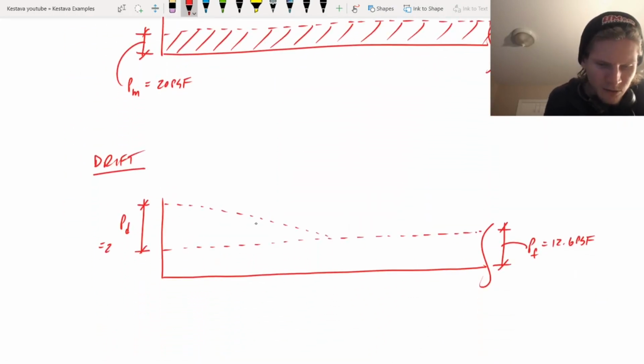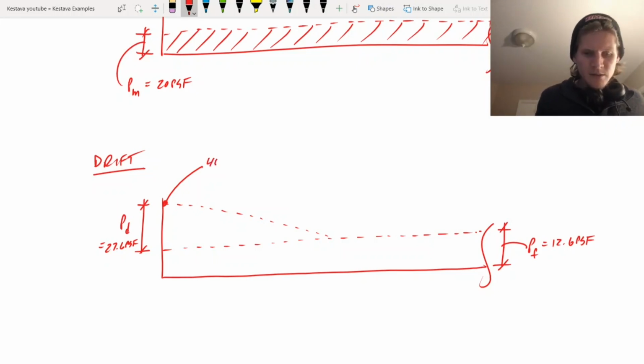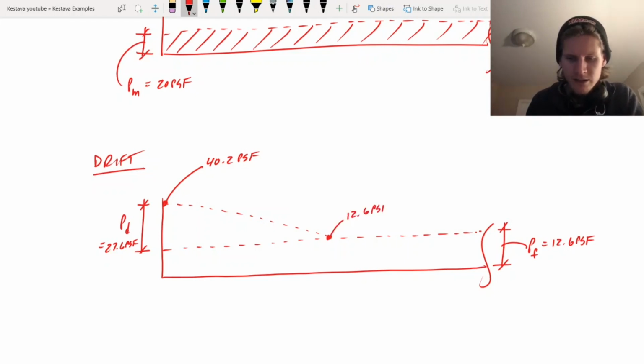So the total load at the top here is going to be 27.6 plus 12.6. That top is going to be 40.2 PSF. This point right here gets us back to the end of our drift and back to our flat roof snow load of 12.6 PSF.